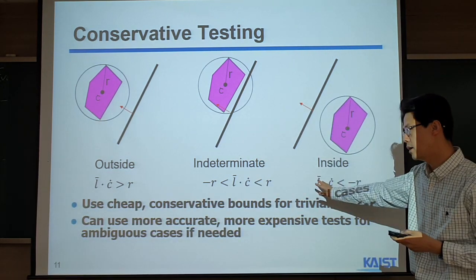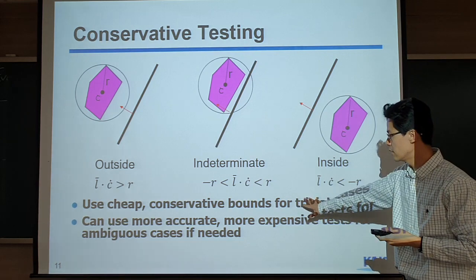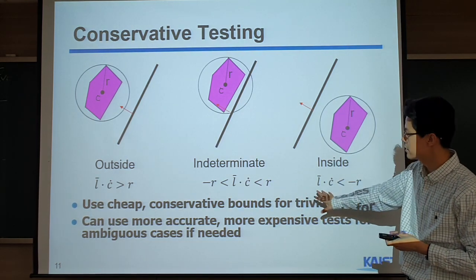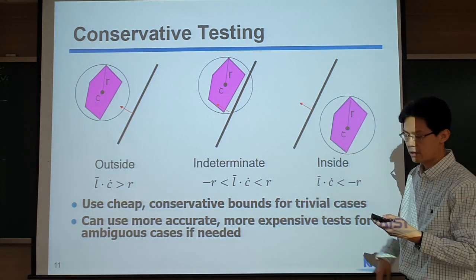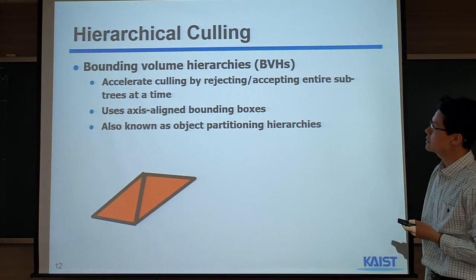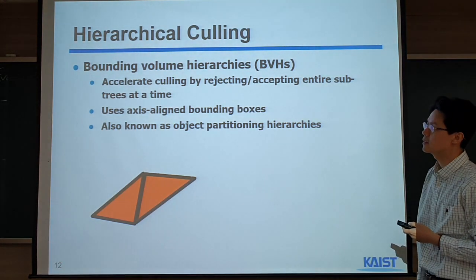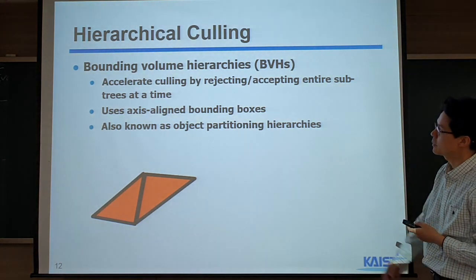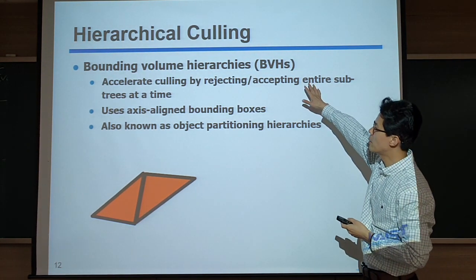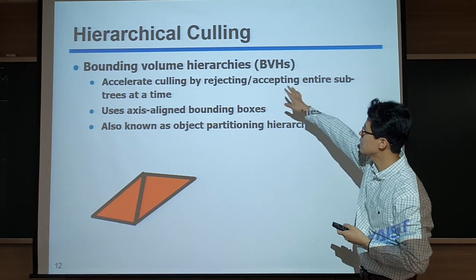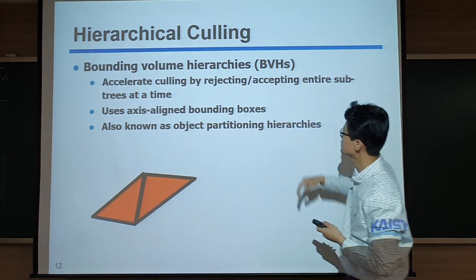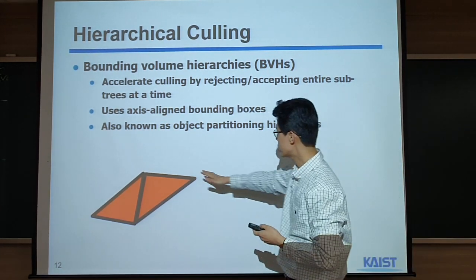So this is just the explanation of what I talked about here. Also, we can think about hierarchical culling. Computer scientists love this tree concept, this hierarchical concept. One common approach is the bounding volume hierarchy, BVH. Suppose we have two triangles.